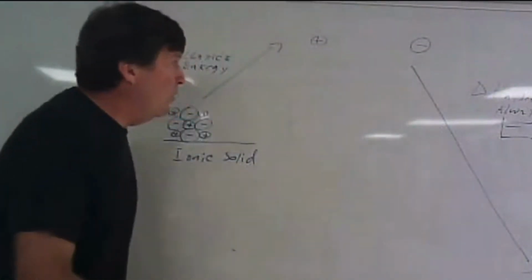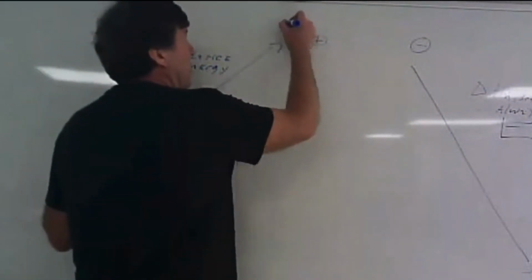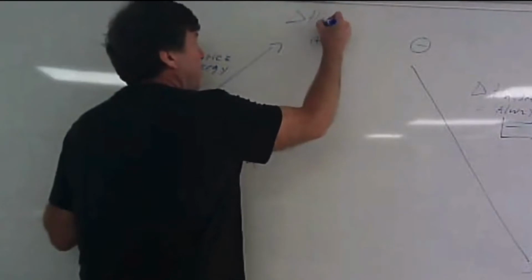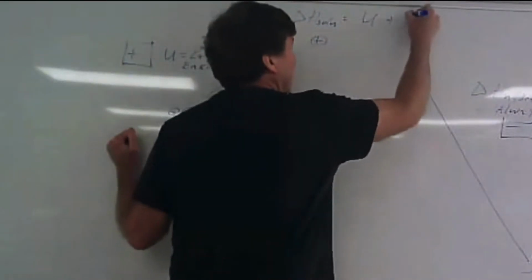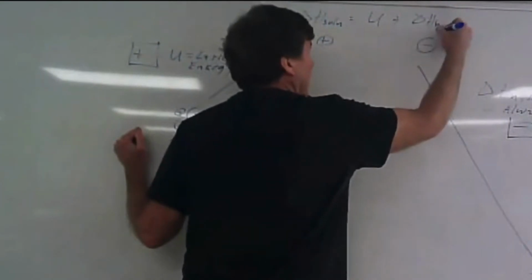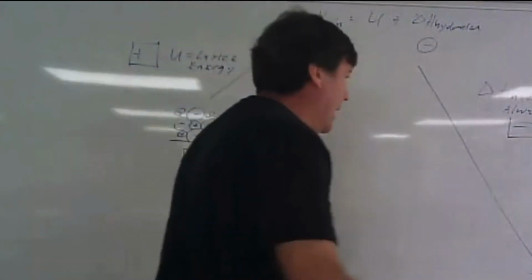What's the overall enthalpy change of the solution? So the overall, this is for the solution, it's going to equal U plus delta H of hydration. Down here, we have hydrated ions.